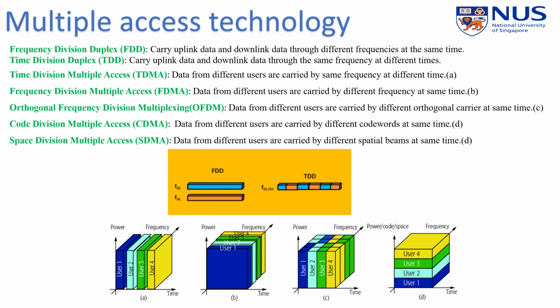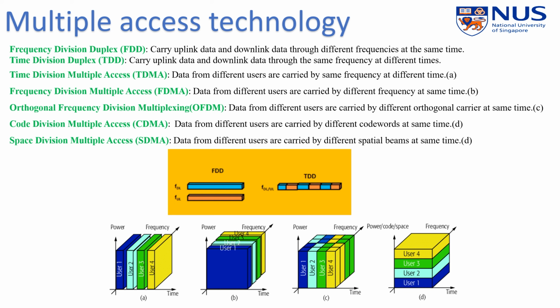TDMA means the data from different users are carried by the same frequency at different times. And FDMA means the data from different users are carried by different frequencies at the same time. And also there is OFDM. It means the data from different users are carried by different orthogonal carriers at the same time.